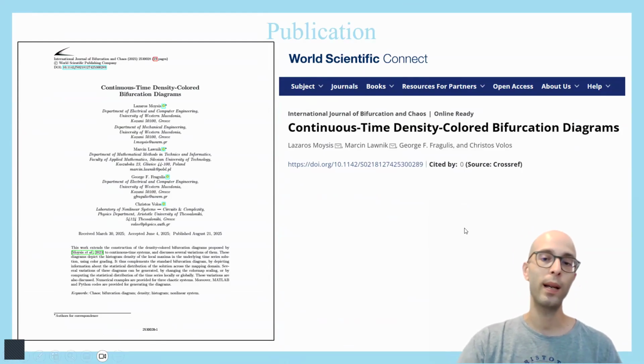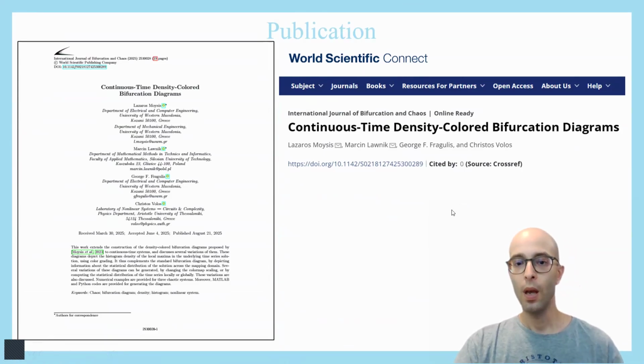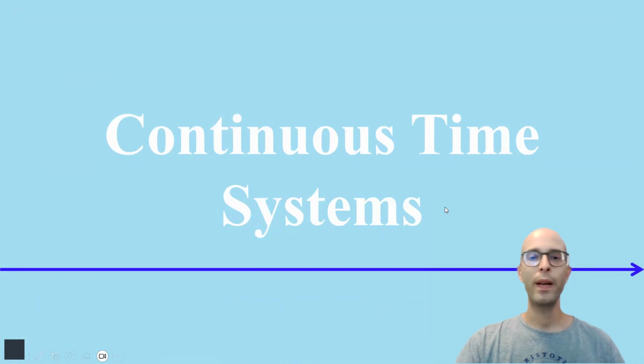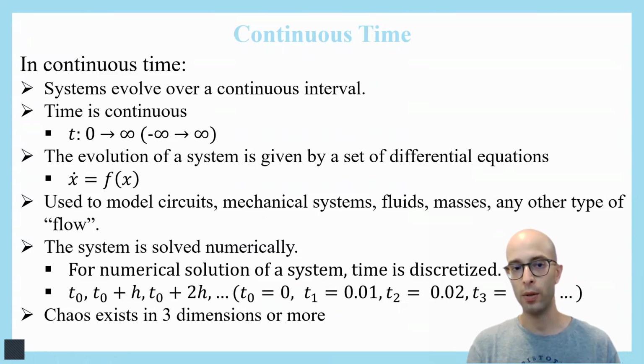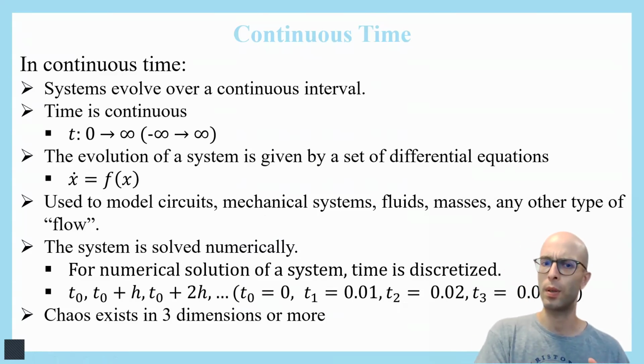Now, I don't know how familiar you are with the basics, so let's start with some very specific information about continuous time systems. We call these systems continuous time because they evolve over a continuous interval, so time is continuous in this case, in contrast to discrete time systems.